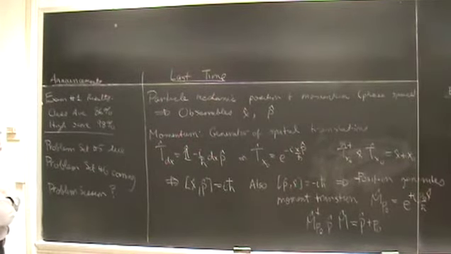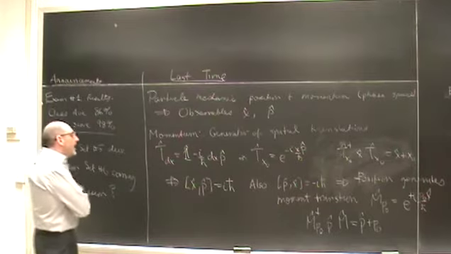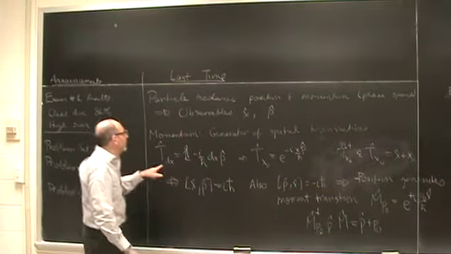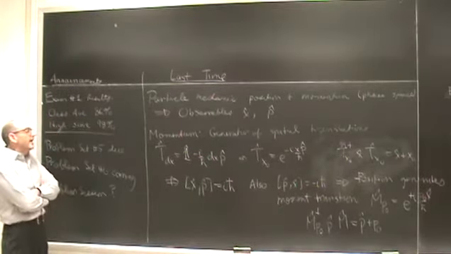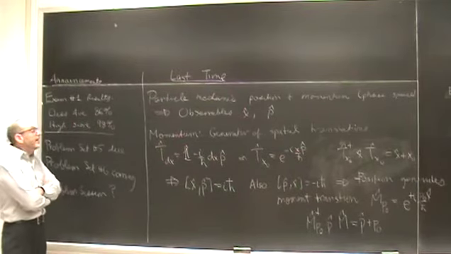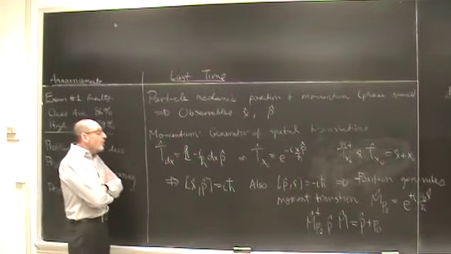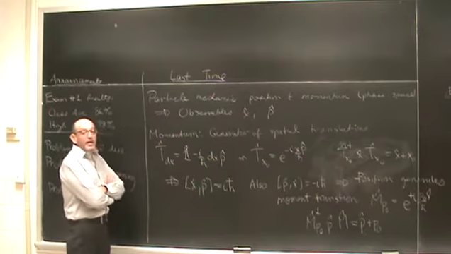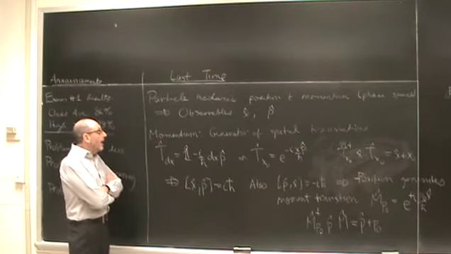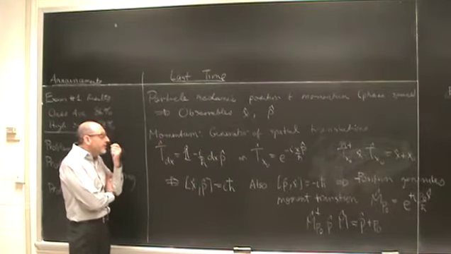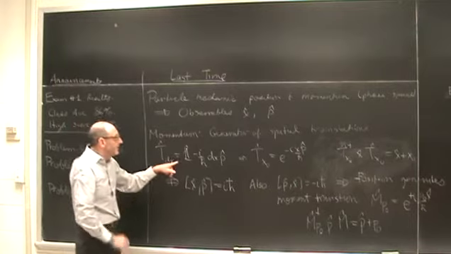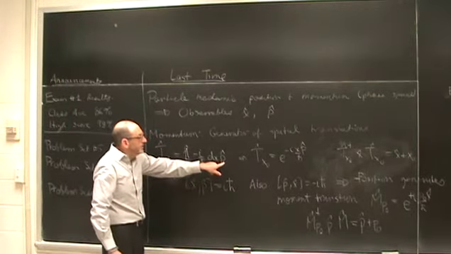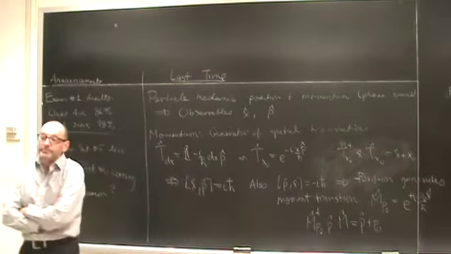And so from that, because this is the generator, we wrote down a near identity form of the translation operator for a differential or very small translation as the identity and then a little bit generated by momentum.